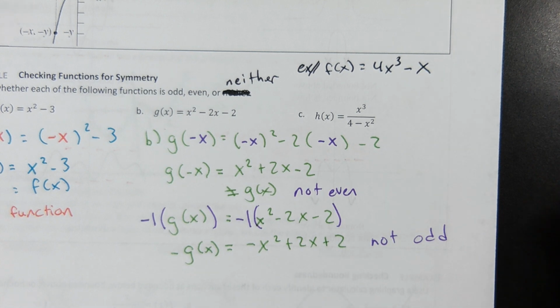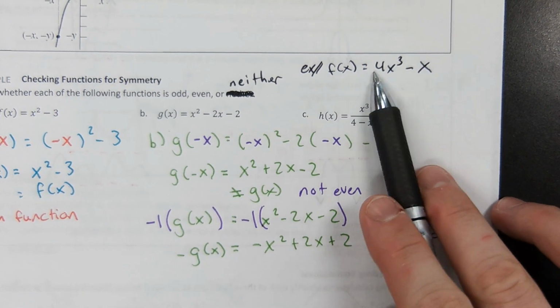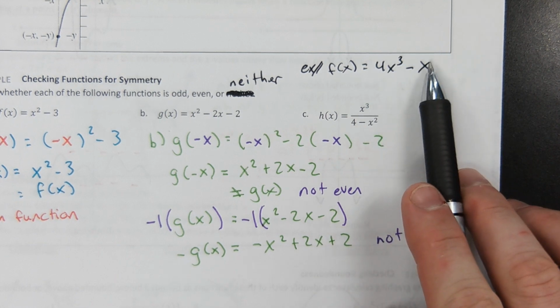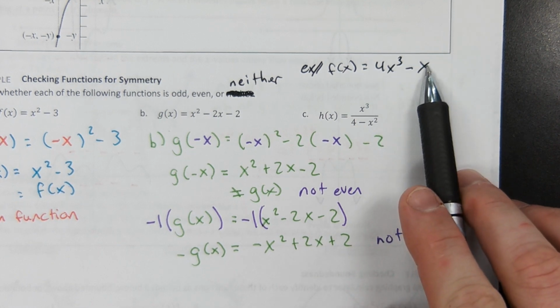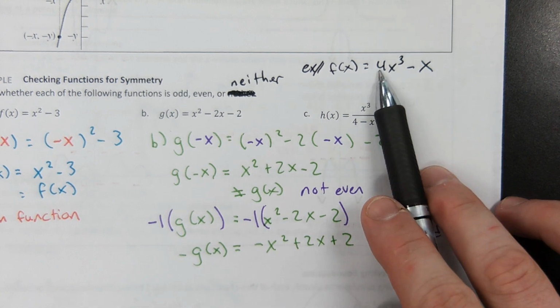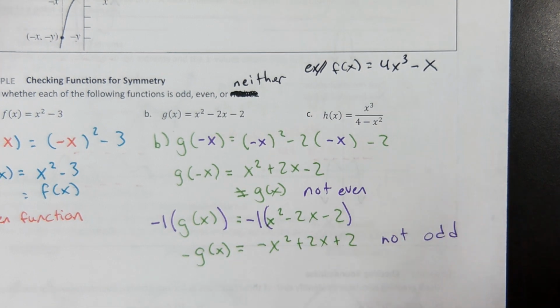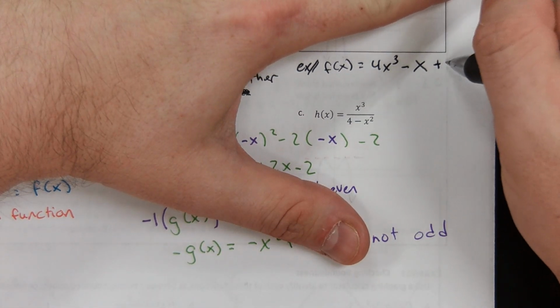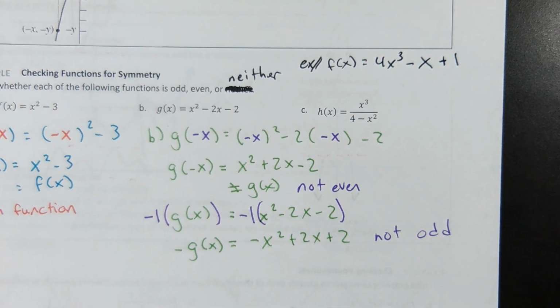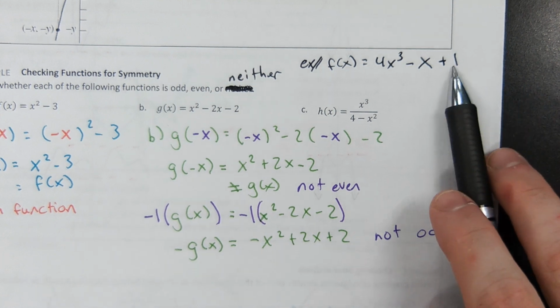This function is odd because if I replace my x's with negative x's, an odd number of negative signs becomes negative. And then this negative x would have a negative in front of it, making this positive, which would have switched this sign and this sign. This is an odd function. This is no longer an odd function because replacing x with negative x would not affect that.